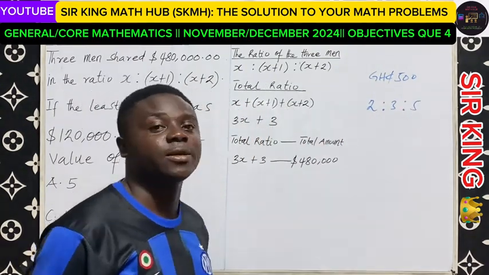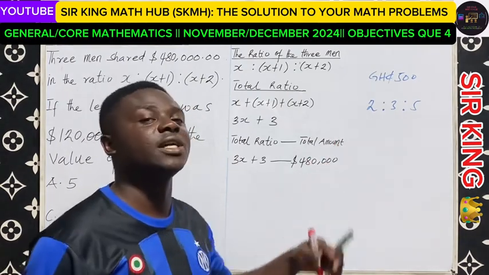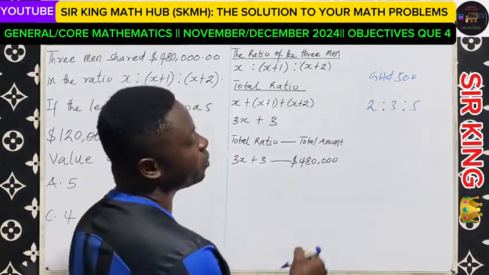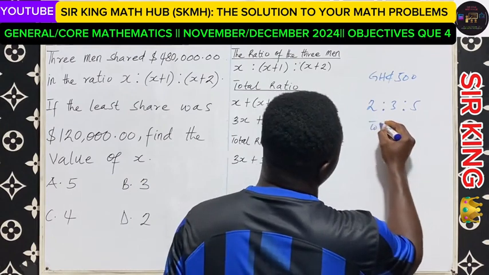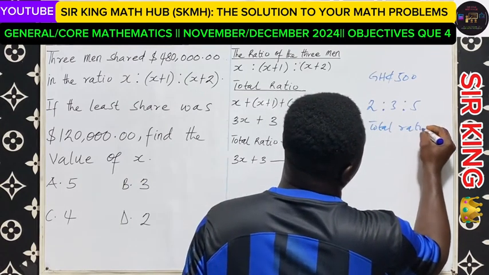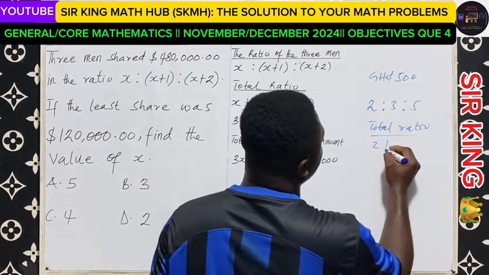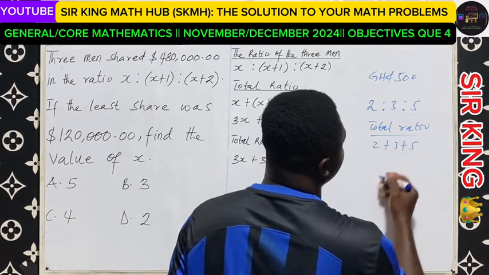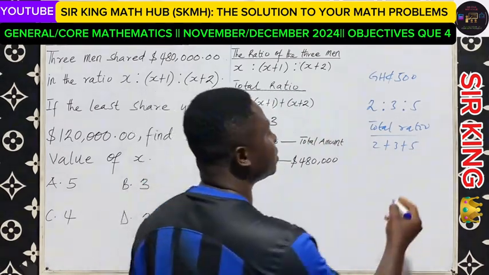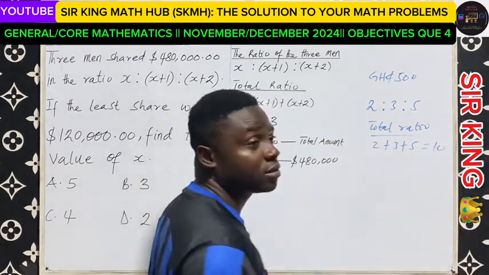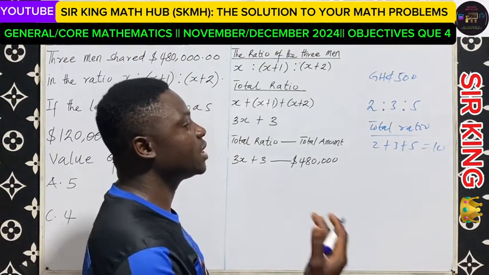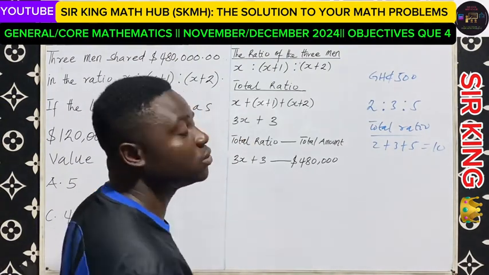What will be the least share? If I ask you to calculate the least share, what will you do? First of all, we have to calculate the total ratio. The total ratio here will be 2 plus 3 plus 5, the sum of their individual ratios, and that should give us 10.